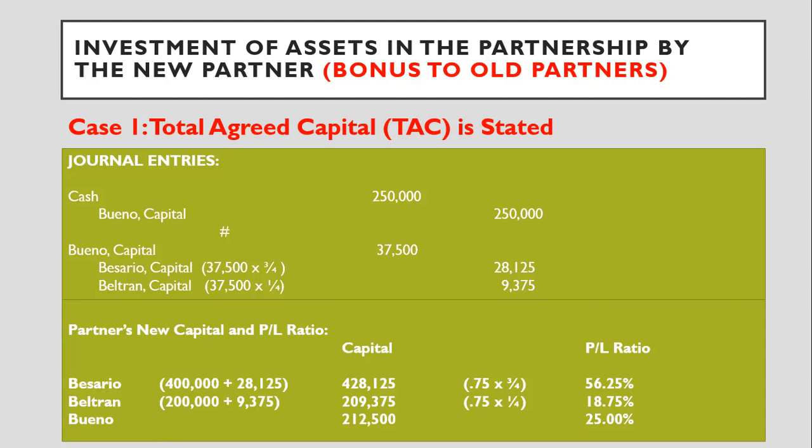For the P&L ratio, Bueno is given 25%, so the remaining 75% will be proportionately shared by Bisario and Beltran using their P&L ratio. For Bisario, it's 0.75 times 3/4, which is 56.25%. For Beltran, it's 0.75 times 1/4, which is 18.75%. Make sure your P&L ratio totals 100%.